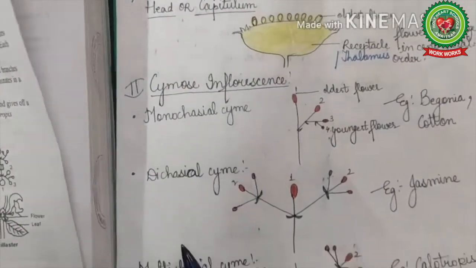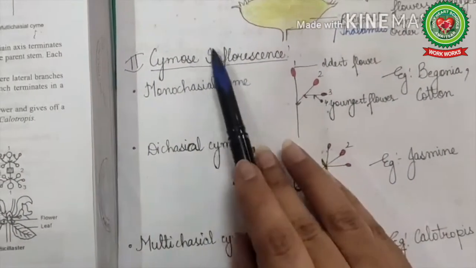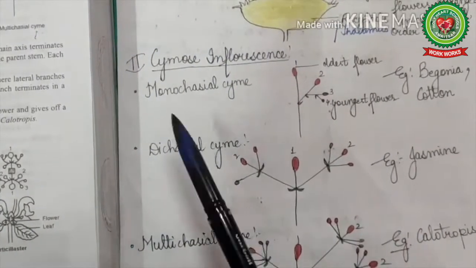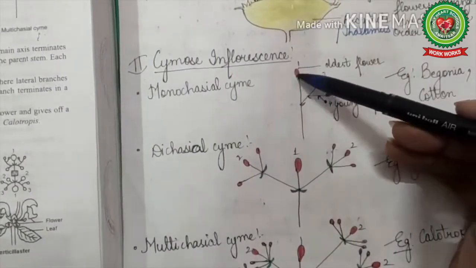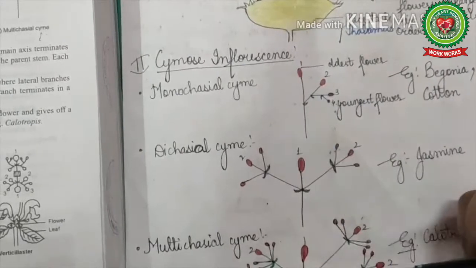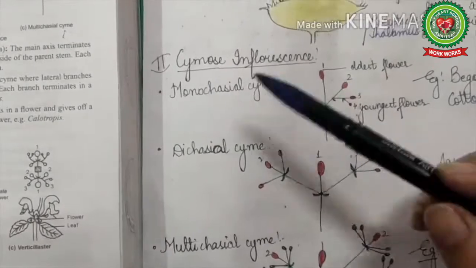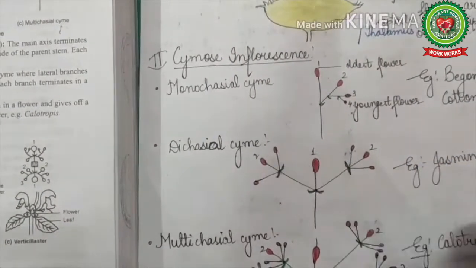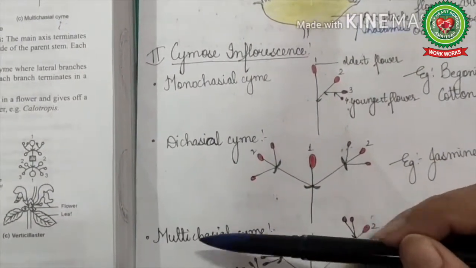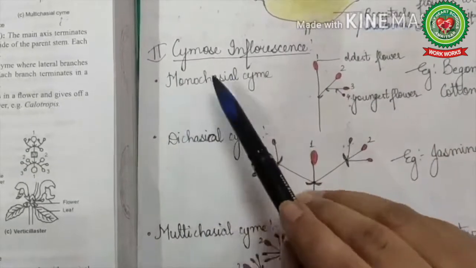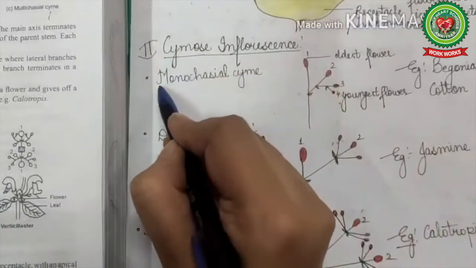Proceeding ahead with cymose inflorescence. Cymose inflorescence we have already done. In this, the main axis ends in a flower. Here we have three subtypes. One is monochasial cyme, another is dichasial cyme, and the third is multichasial cyme. Mono, again we'll break the word, means one.